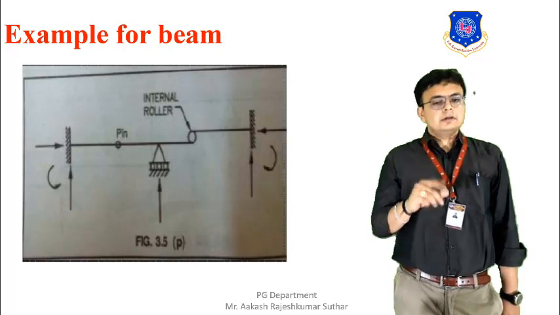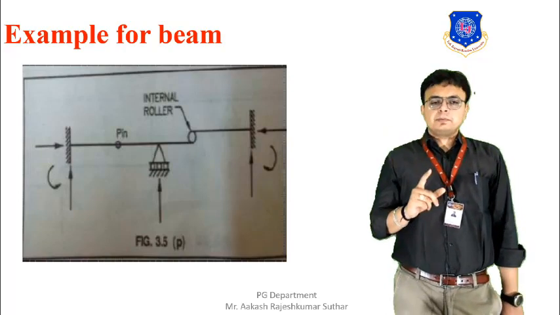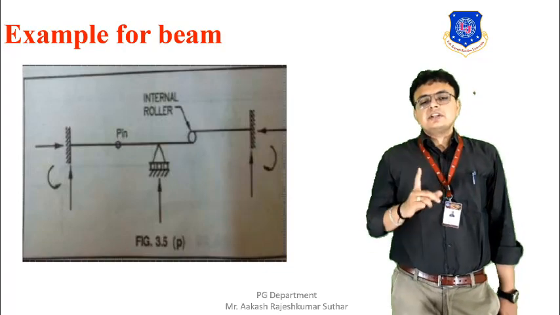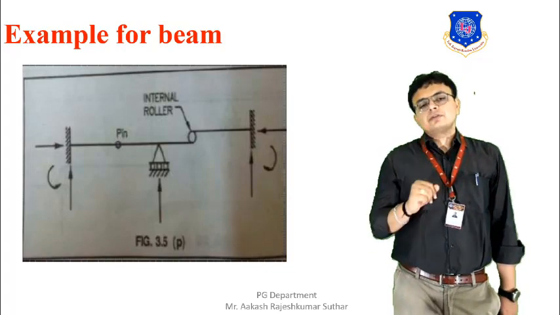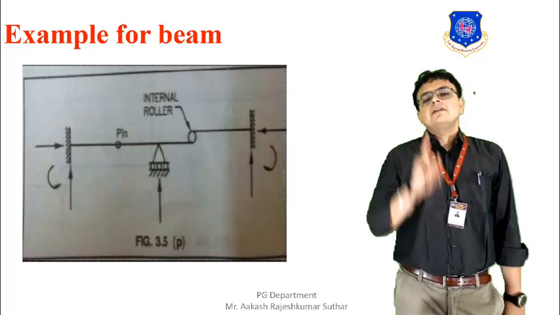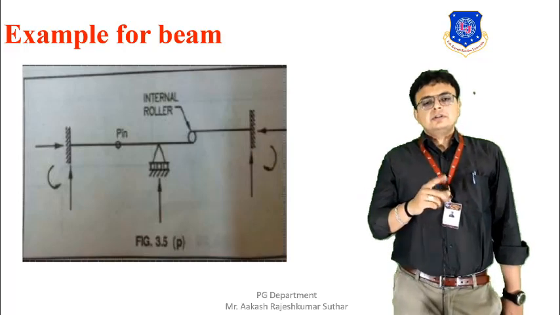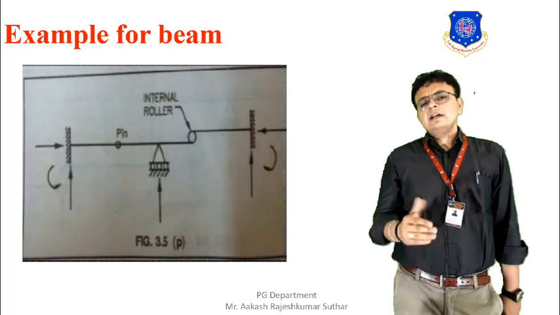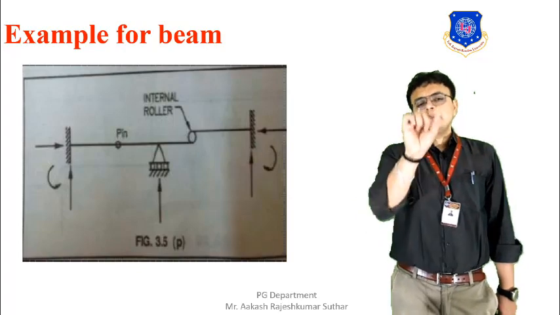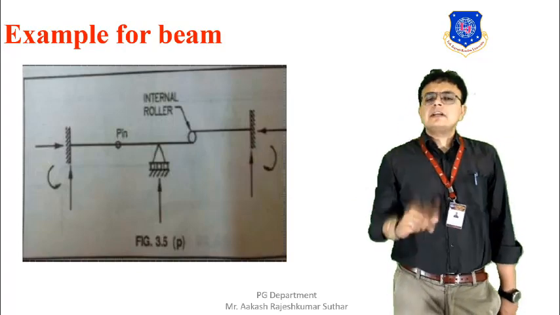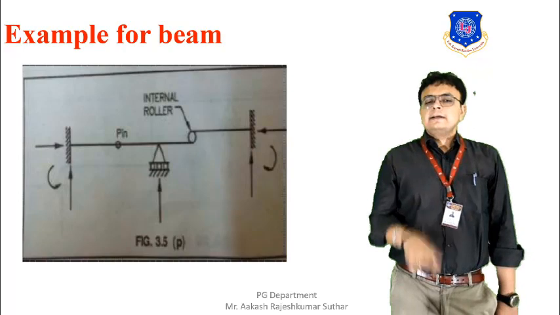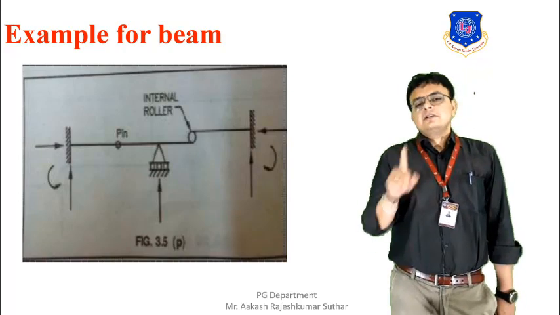And the third one, talking about the roller support, the reaction available for a roller support will be only the vertical reaction. So calculating the capital R for this particular figure, it will be equal to 3 plus 3 plus 1.